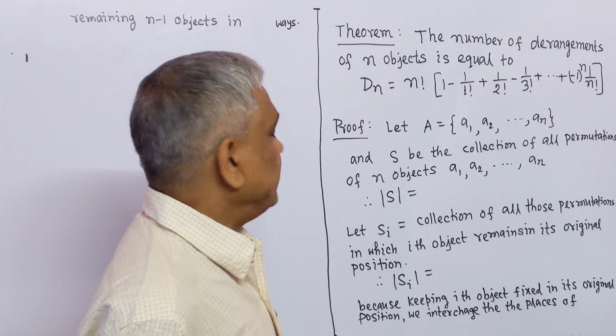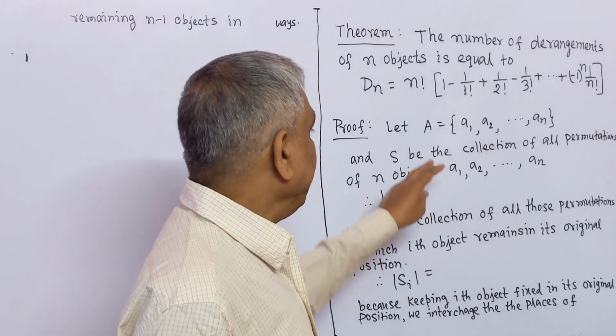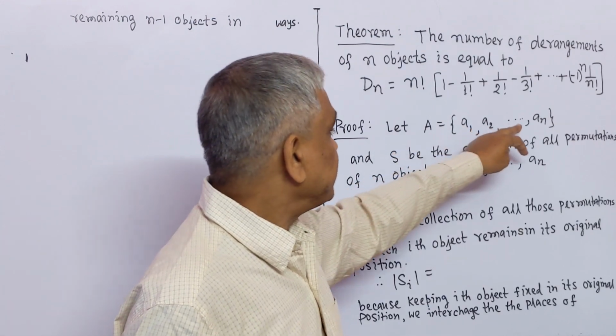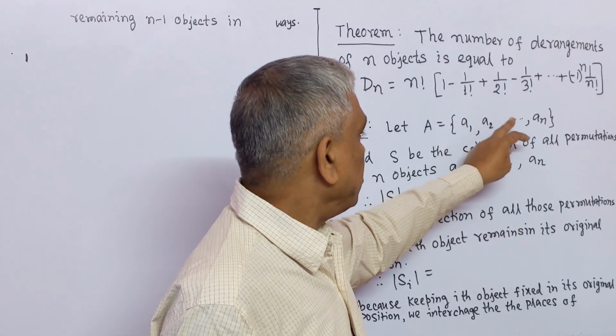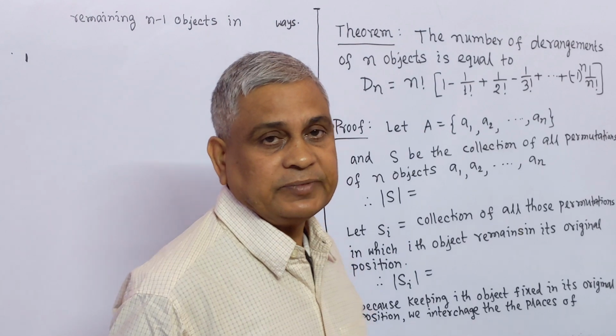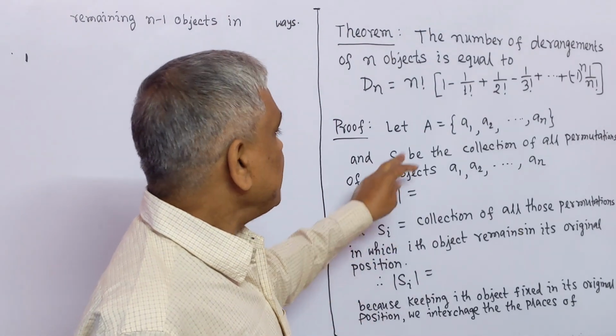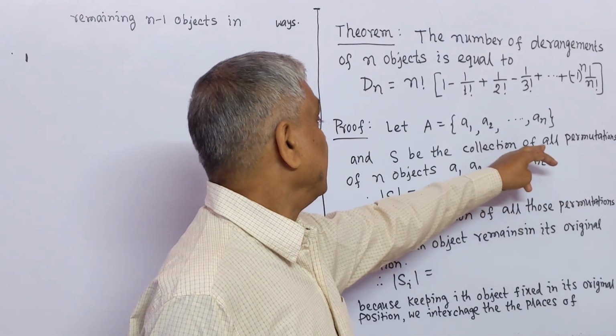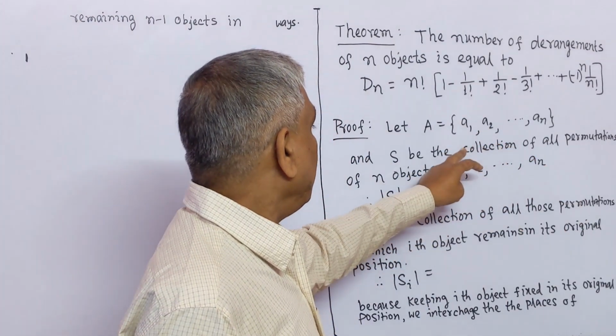Now we prove this. Let A be a set containing n objects a1, a2, ..., an. Let S be the collection of all permutations of n objects.